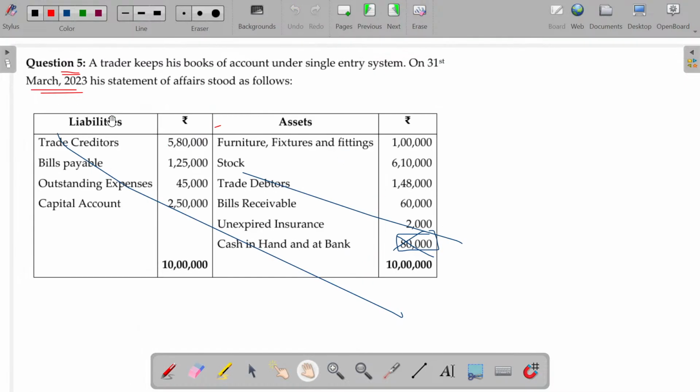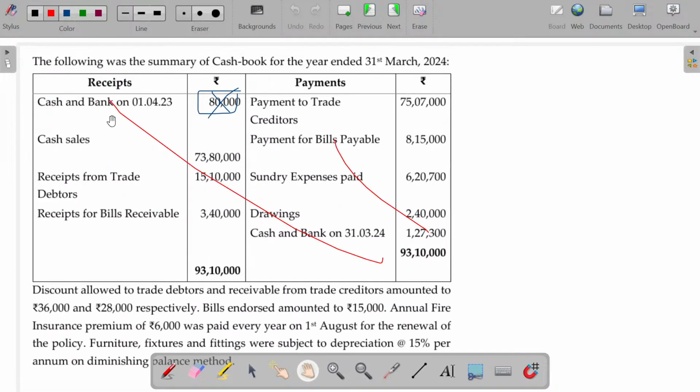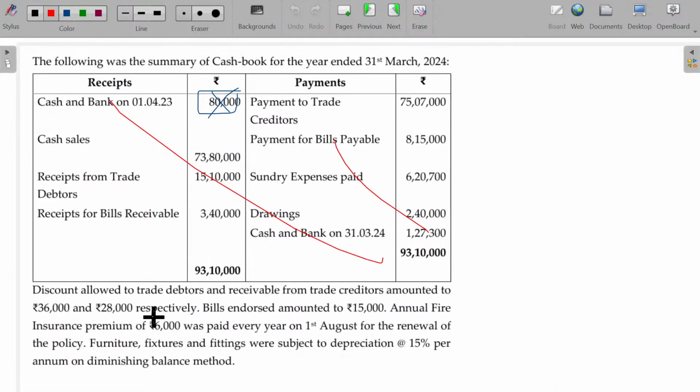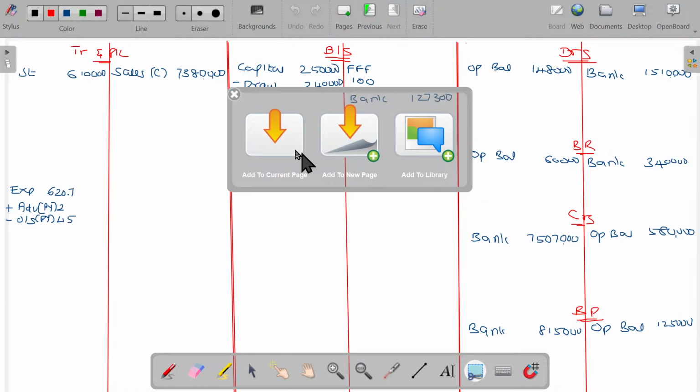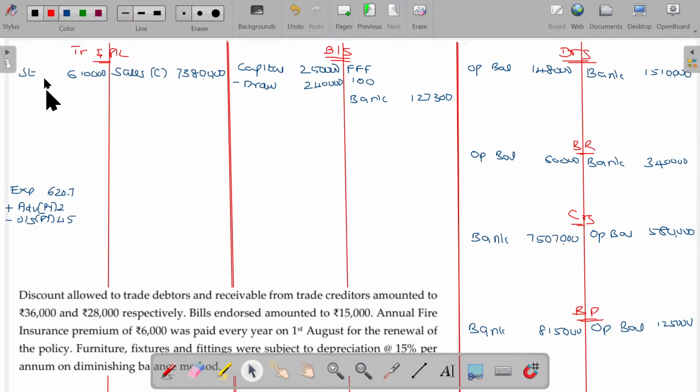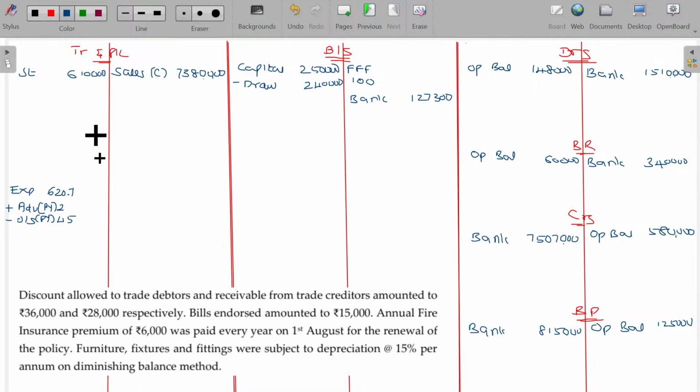Start with the adjustments here. I need to finish up these adjustments. Discount allowed to trade debtors and discount received from trade creditors amounted to rupees 36,000 and 28,000. Discount allowed will be reducing the debtors value, so I post that value here, 36,000.